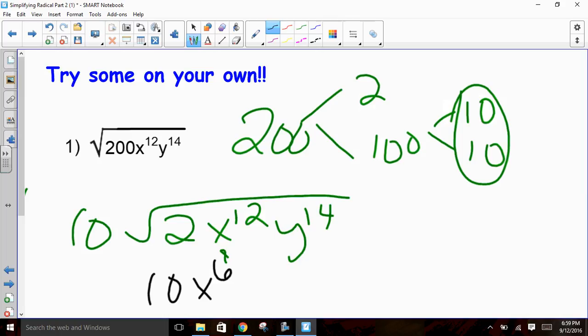So I have x to the 6. Now think about your y's for a second. I want my y's in groups of 2, and I have 14 of them. Think of it as people. You have 14 people and you want to put them in groups of 2. How many groups will you have?